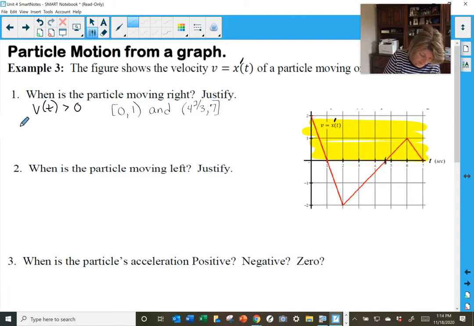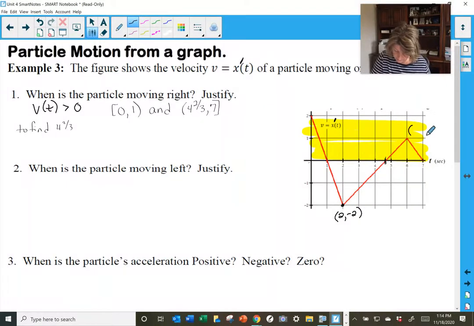So to find 4 2/3, here's what you would do. I got to get off that calligraphy pen. That works terrible. Here's what you would do. You would take and know that I've got 2 points. I have (2, -2). I have (6, 1).